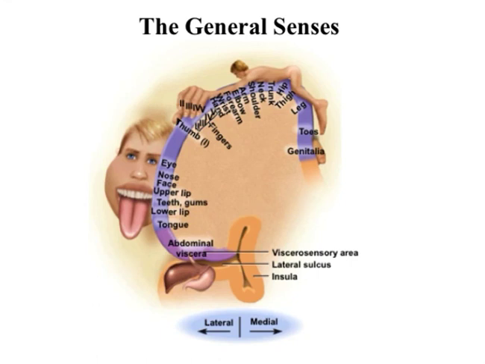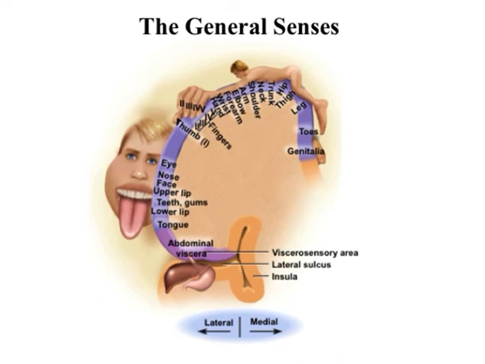The primary somesthetic cortex is the cortex of the postcentral gyrus, and the somesthetic association area is caudal to the gyrus in the roof of the lateral sulcus. Okay, so it's behind it in the roof of the lateral sulcus.